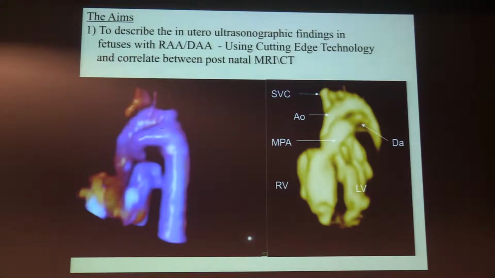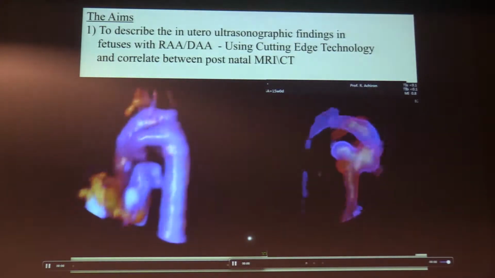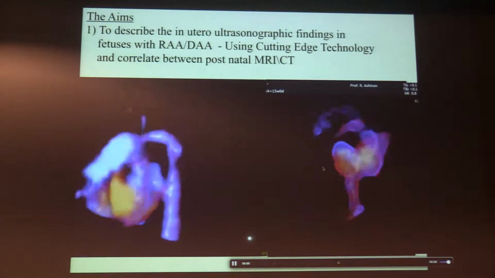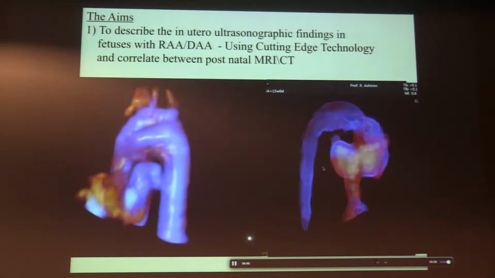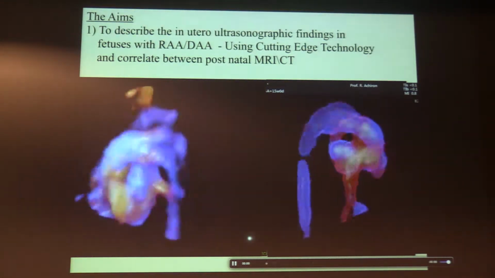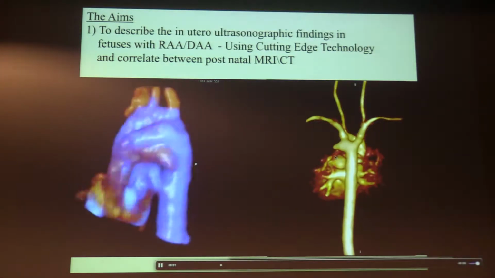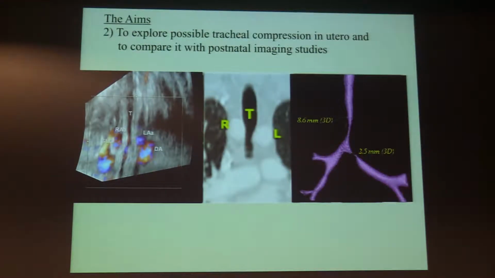As you can see here, this is the high definition, this is the inversion mode, and this is the new high definition, and we have a super new one, which is the silhouette, a silhouette form of high definition, and to compare it with CT or MRI postnatally. And the second aim is to explore possible tracheal compression in utero and to compare it also with postnatal imaging studies.